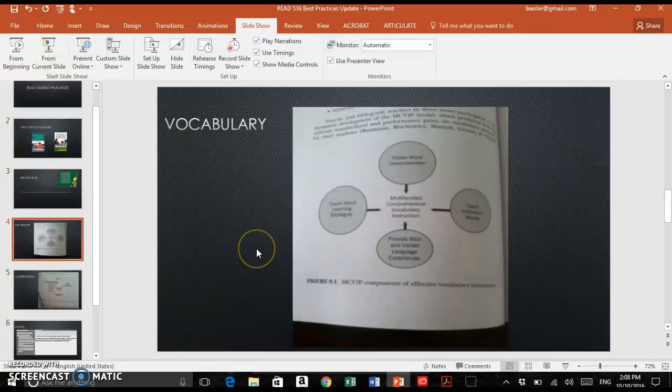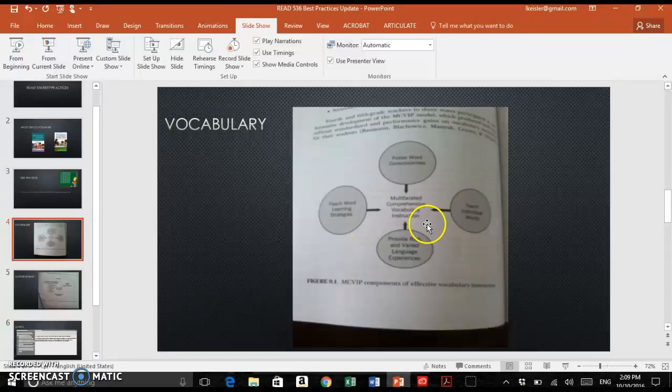So when I want to think about the best practices, we've read the textbook chapter on our area of literacy. Mine is vocabulary, and in each chapter they give this visual that describes some of the broad areas of best practices in that area of literacy.